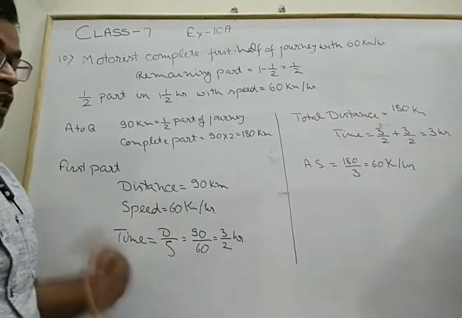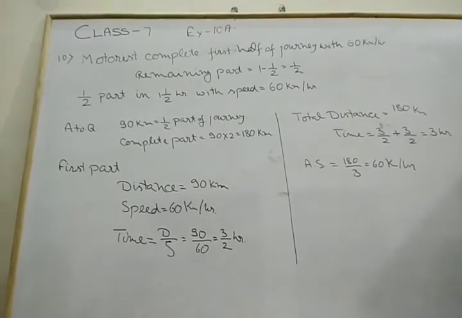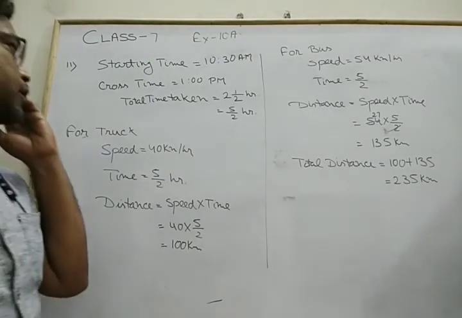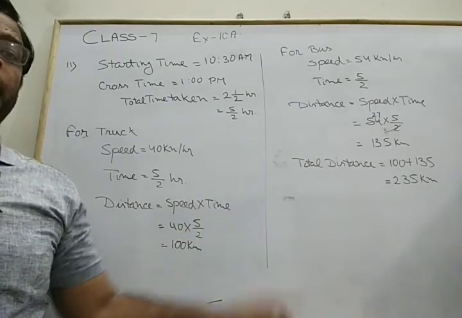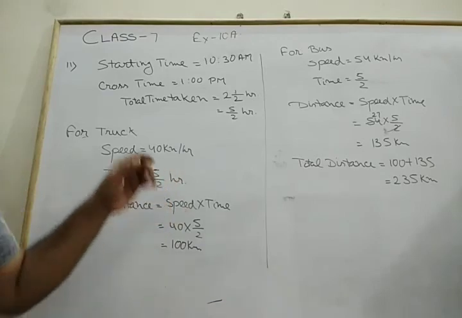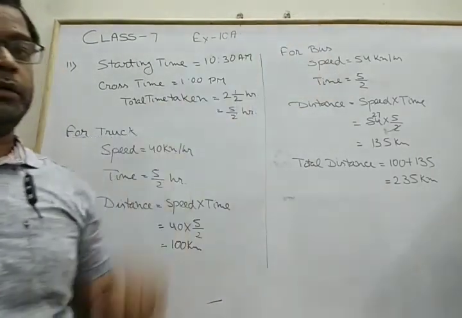Now move to the next part. In question number 11 it says that a truck and a bus move from the end points of a highway opposite to each other with speeds of 40 km per hour and 54 km per hour.